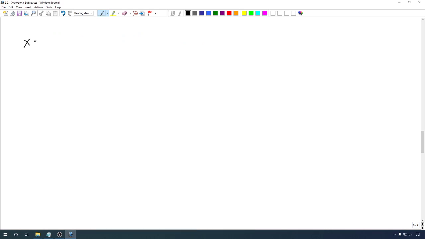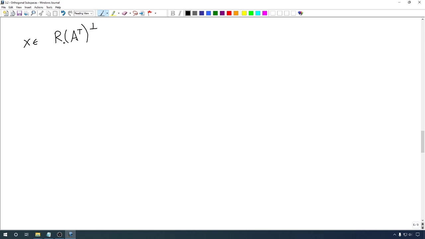So let's assume that we have a vector that is in the orthogonal complement of the row space. So we're taking the row space, written as R of A transpose, we're taking its orthogonal complement, and we're saying that x is something that's in there.